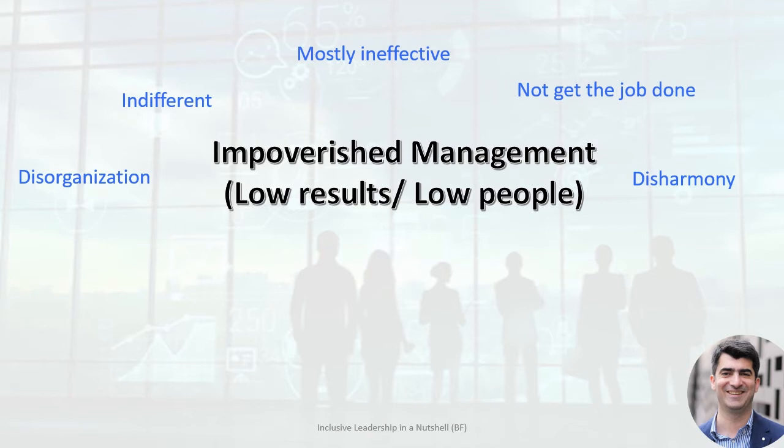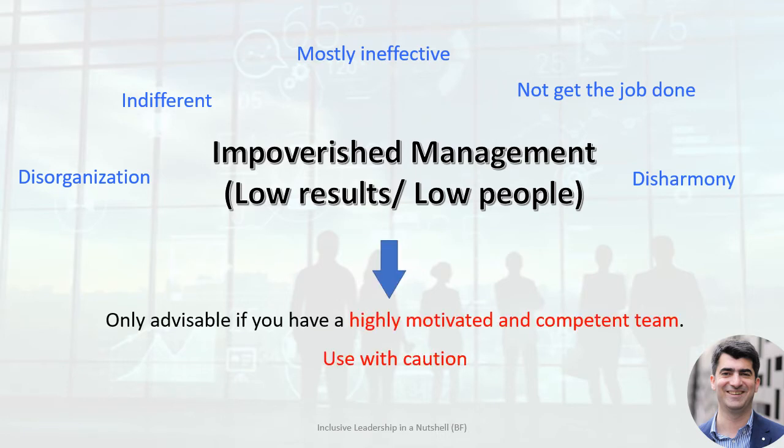This means the results don't meet the standards of the organization, and the team members are not satisfied either. So when should we use this style? It's only advisable if you have highly motivated and competent team members working for you. But you should very rarely use this style of management.